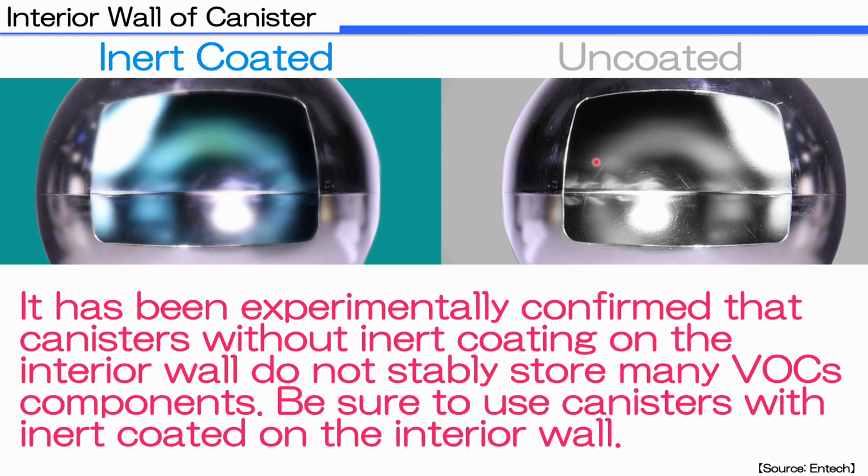It has been experimentally confirmed that canisters without inert coating on the interior wall do not stably store many VOC components. I don't think uncoated canisters are sold anymore, but be sure to use a canister with an inner coating.